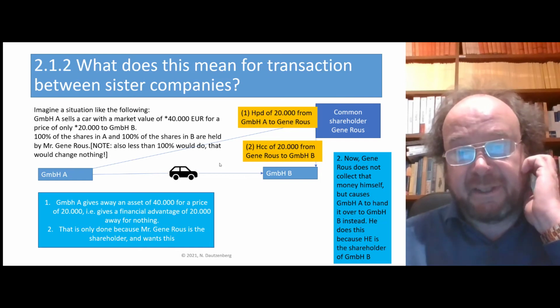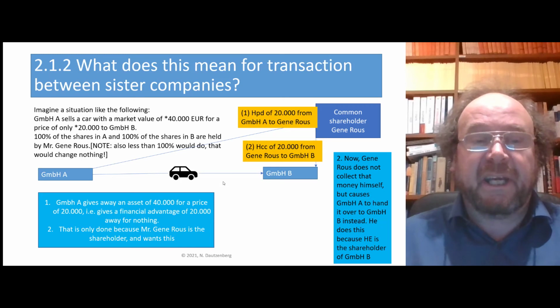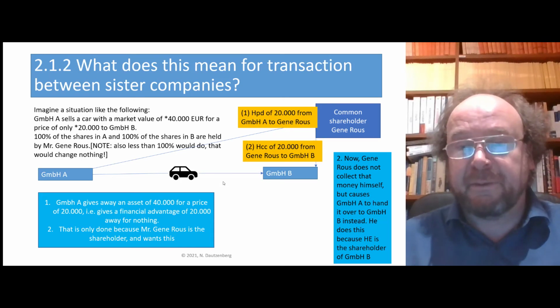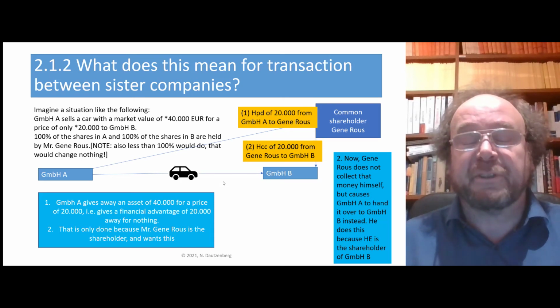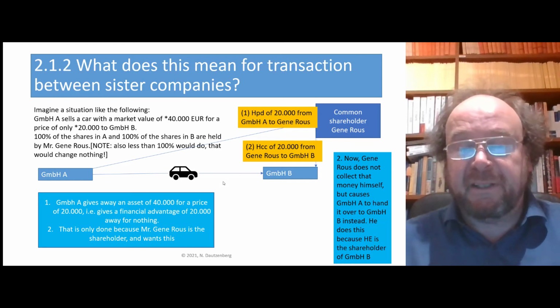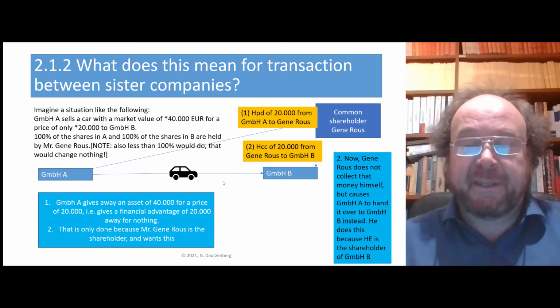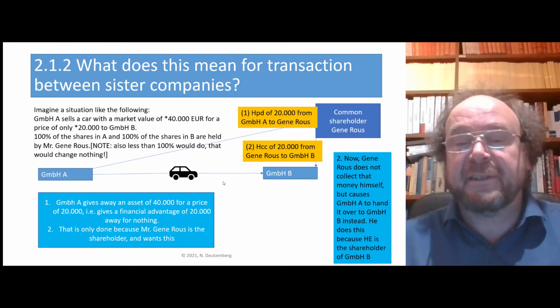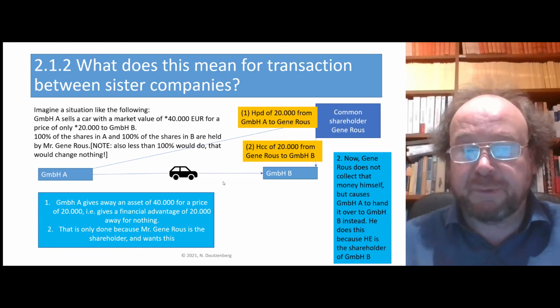Imagine, please, the situation which we have here. GmbH A sells a car with a market value of 40,000 for a price of only 20,000 to GmbH B. And GmbH B now, ladies and gentlemen, is nothing else than a sister company. Shareholder Jean Roos from Generous is the 100% shareholder of both.